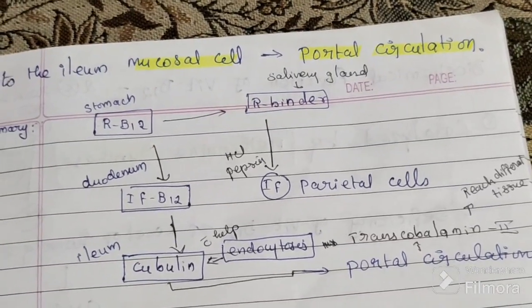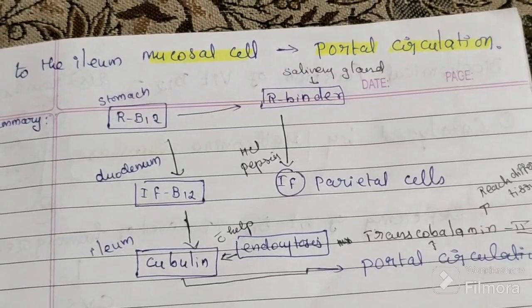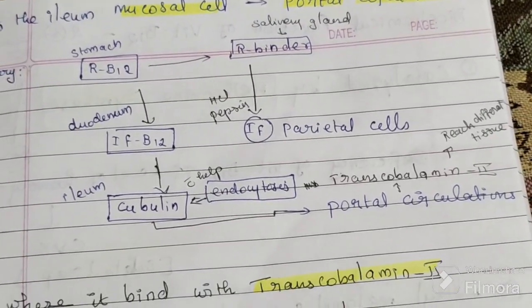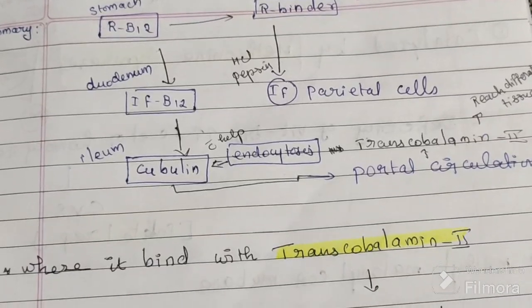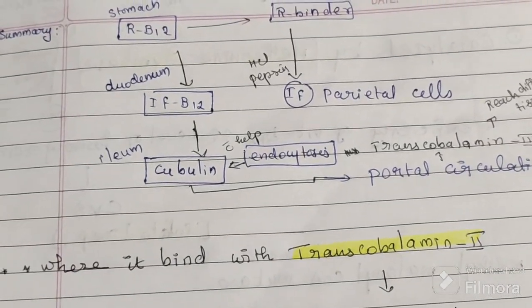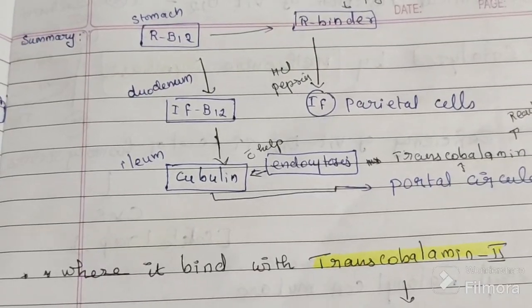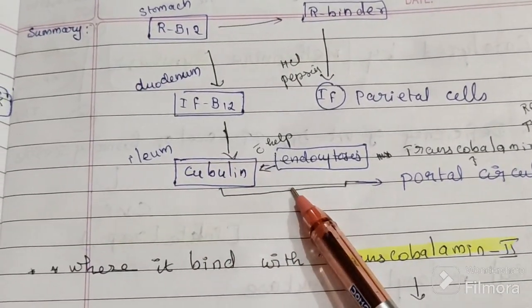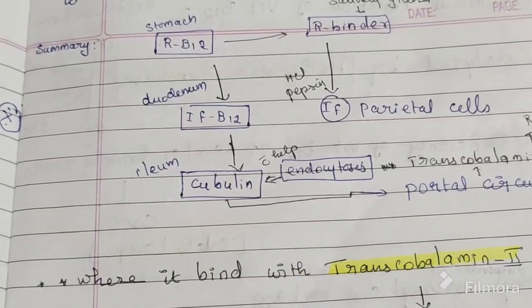When it reaches the ileum, the intrinsic factor attaches to the cobalamin receptor, and with endocytosis it is internalized into the ileal mucosal cell.